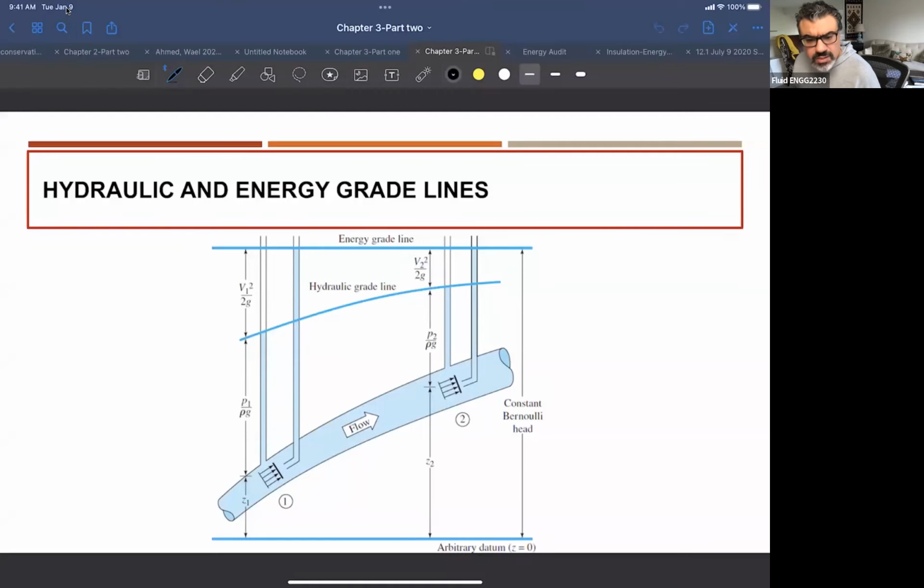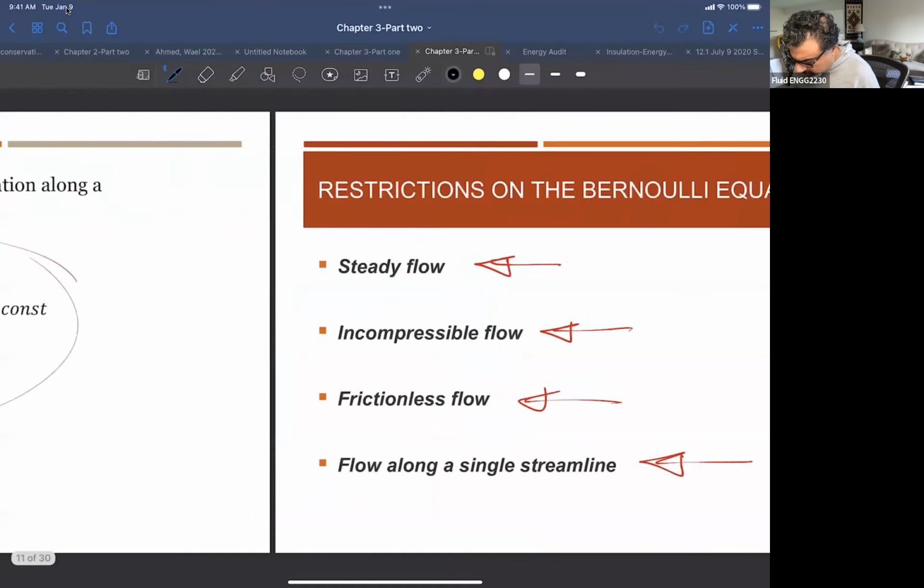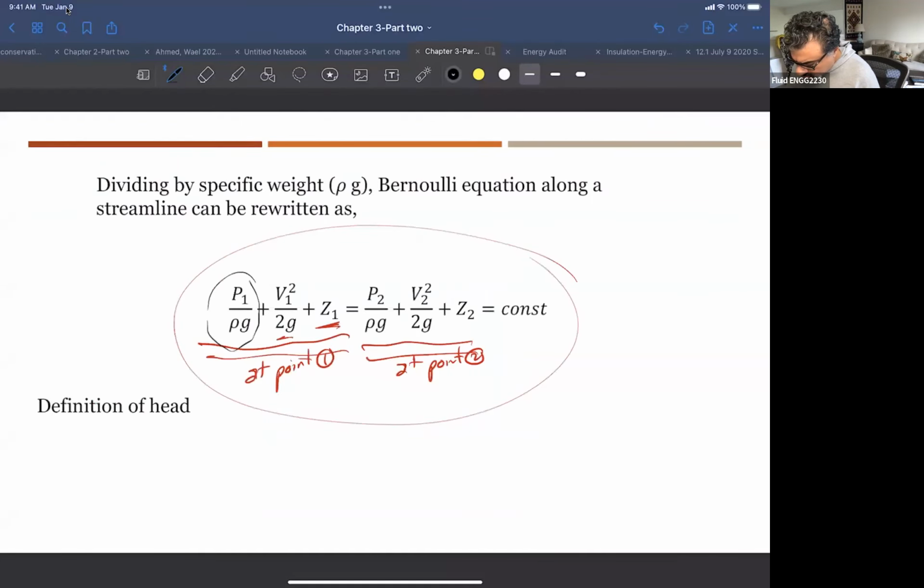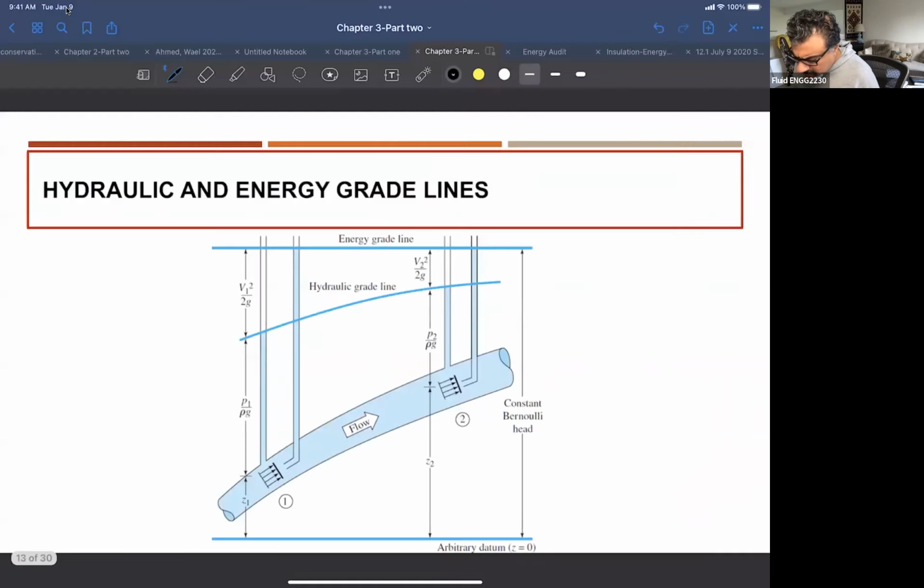As I mentioned, we have 3 terms in the Bernoulli equation: the pressure, the kinetic energy, and the potential. So this hydraulic and energy gradient line is plotting those 3 forms of energy along the pipeline.